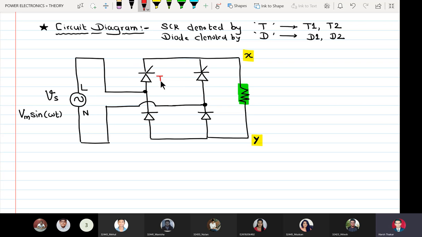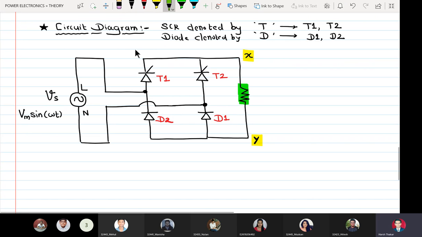So the first SCR T1, the second SCR T2, exactly opposite to T1 in the diagonally opposite pair, the diode D1, and exactly opposite to T2 in the second diagonal pair will be D2, right?